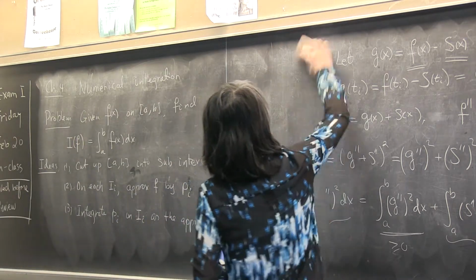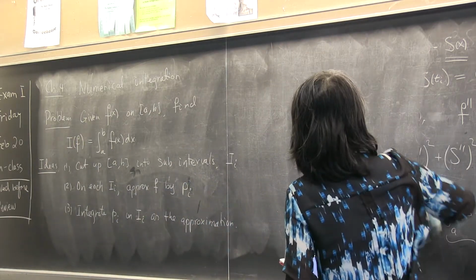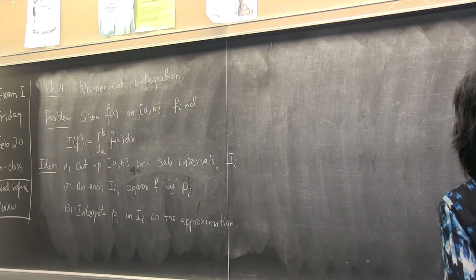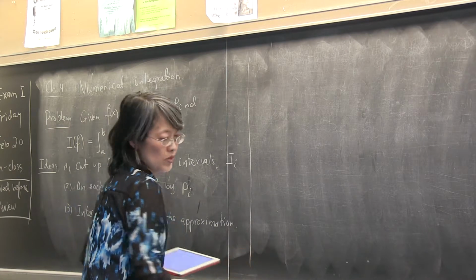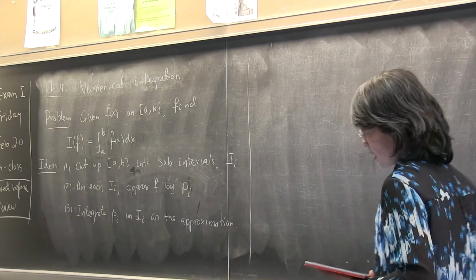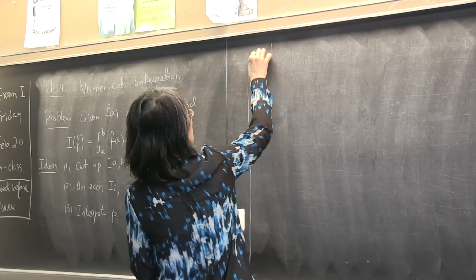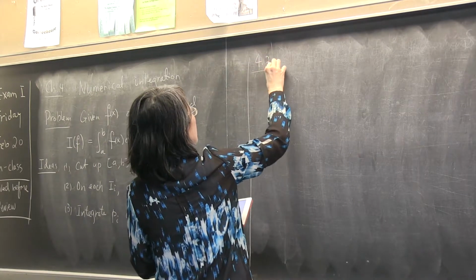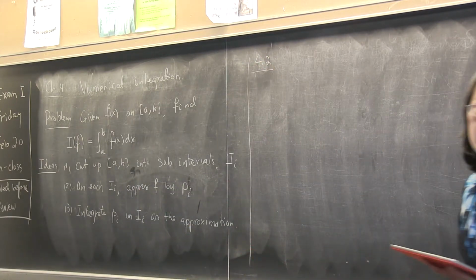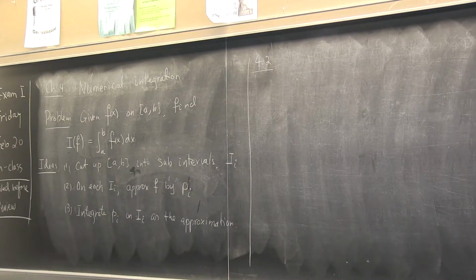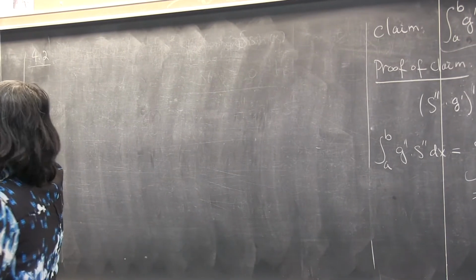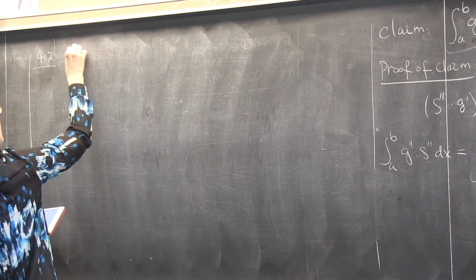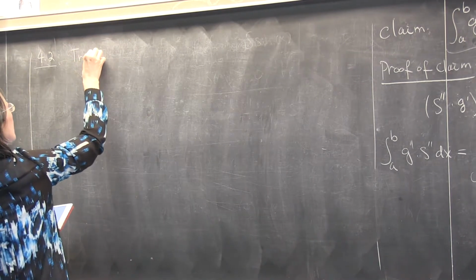So if you use a lower degree polynomial on each subinterval, you end up with a simpler method and probably not so high accuracy. And if you throw in a higher degree polynomial, the method gets more complicated and you get higher accuracy. Okay, it's always that case. So let's look at the simplest case. Well, the simplest case is the Riemann sum, piecewise constant. That's really too rough. It's of no use numerically.